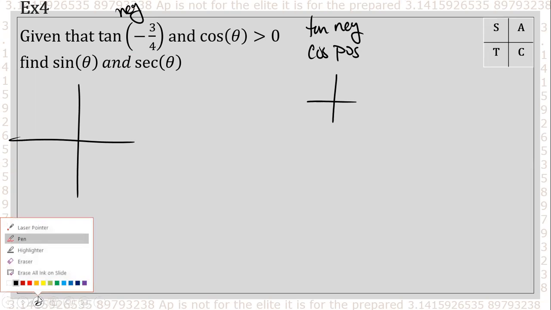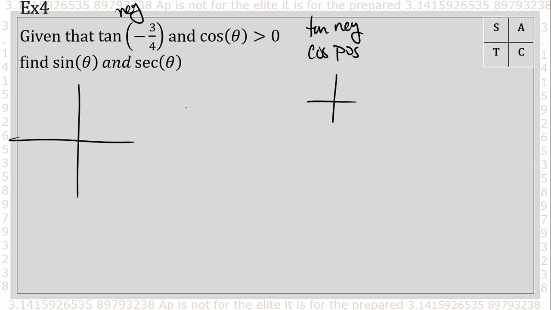Tangent is negative, and I know tangent is positive in T and A, so it has to be negative in S and C. So quadrant 2 and quadrant 4 is where tangent is negative. Cosine, on the other hand, must be positive, and I know positive is A, so quadrant 1, and C, which is quadrant 4. So they both have in common quadrant 4.